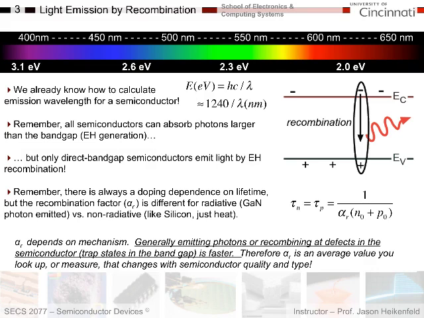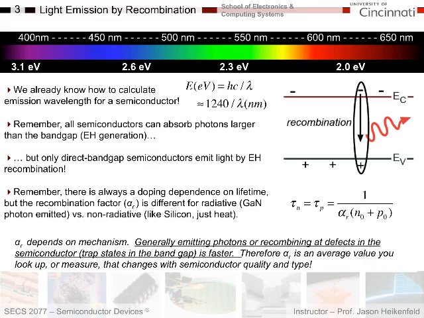But theoretically in gallium nitride, it could recombine and generate heat, which is non-radiative, or generate light, which is radiative. That shows you that generally emitting photons is faster in terms of this recombination coefficient than generating heat in a really good light-emitting material.